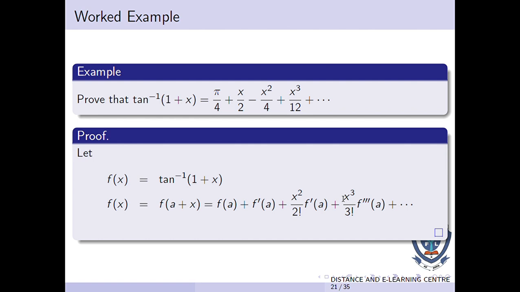Now let's look at more worked examples. We should prove that arctan(1 + x) is equal to π/4 + x/2 - x²/4 + x³/12 + ... Proof: f(x) is given, and f(a + x) is equal to f(a) + x f'(a) + x²/2! f''(a) + x³/3! f'''(a), and so on.